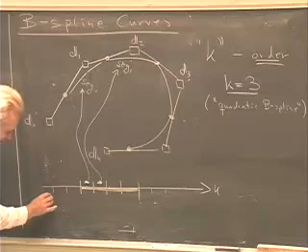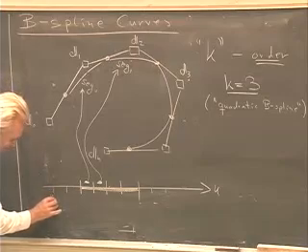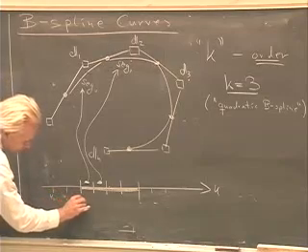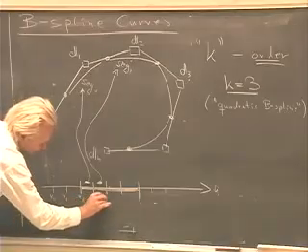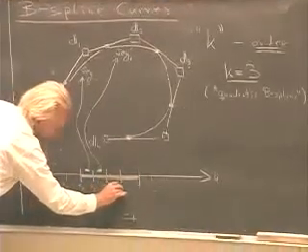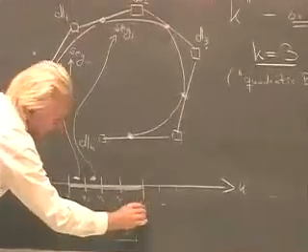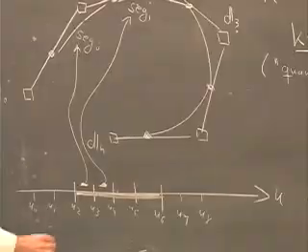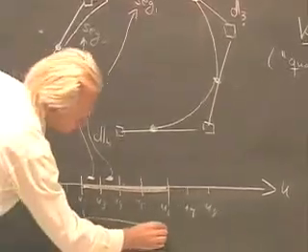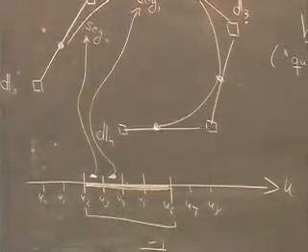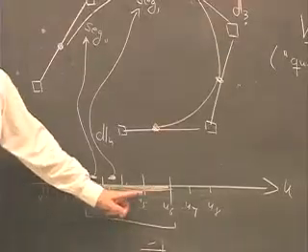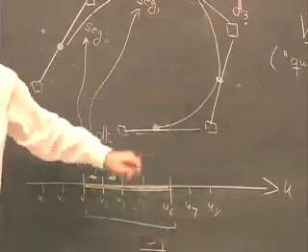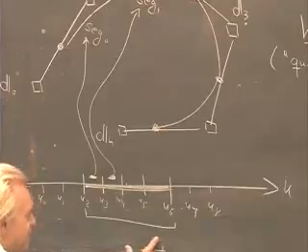I start now counting at 0 here. This is u0, u1, u2, u3, u4, u5, u6, u7, u8. And this particular chunk from here to here, that is called the domain of the entire curve, because these 4 intervals define the 4 segments of the overall curve. So this is called the domain.